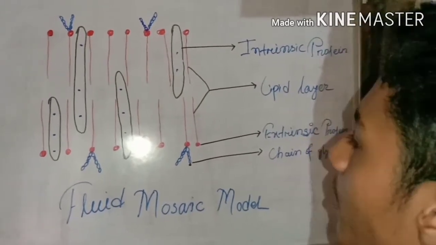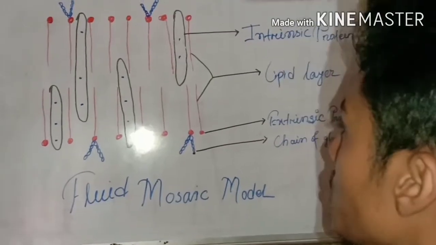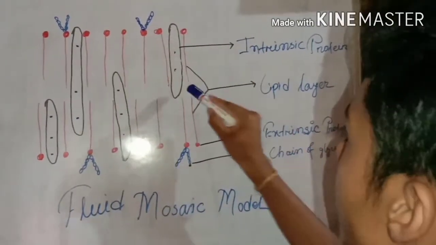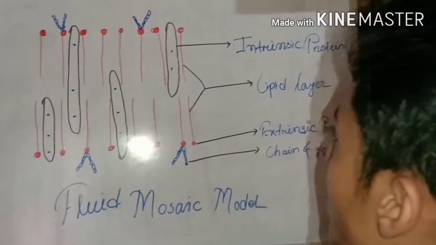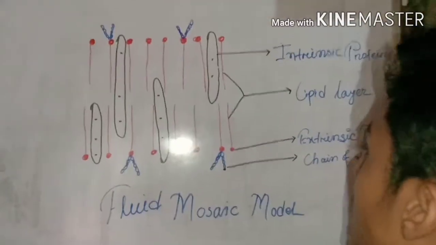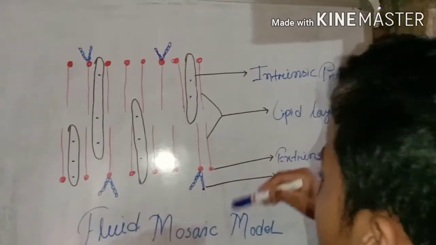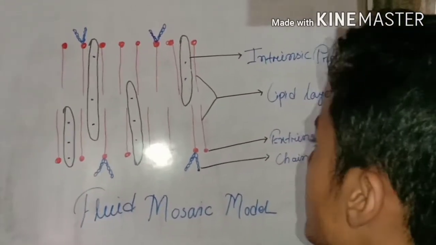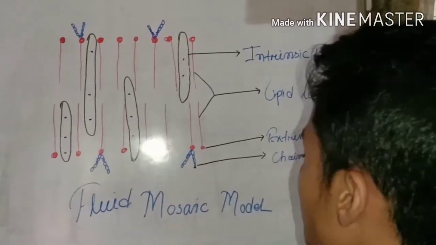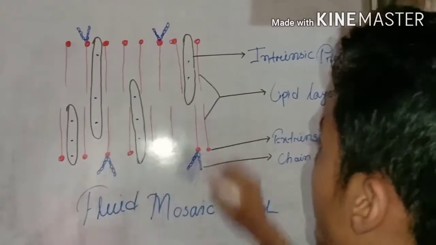So what we got to know from the fluid mosaic model is that it is a lipid bilayer which is quasi-fluid in nature. Then it consists of polar regions and non-polar regions. The polar regions act as hydrophilic and the non-polar regions act as hydrophobic. Then we got to know that different types of proteins are embedded in the lipid sea, and the lipids are glycolipid and phospholipid. Then we learned about the extrinsic protein and the intrinsic protein.